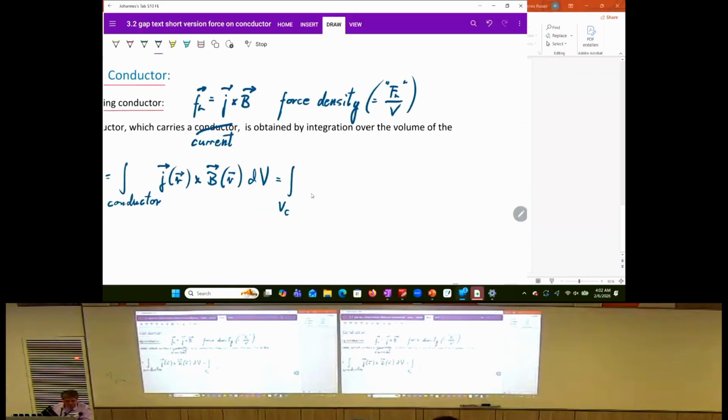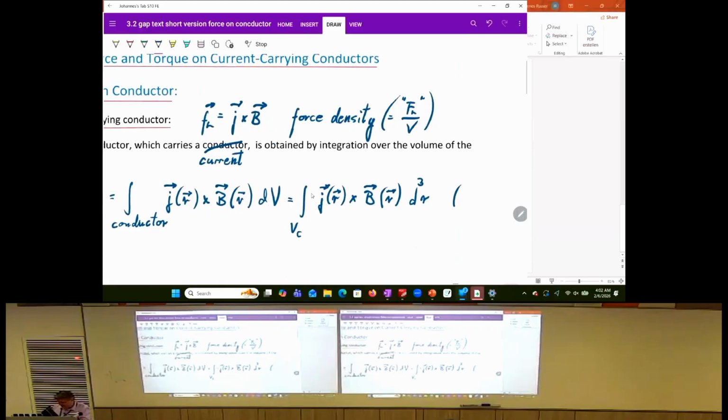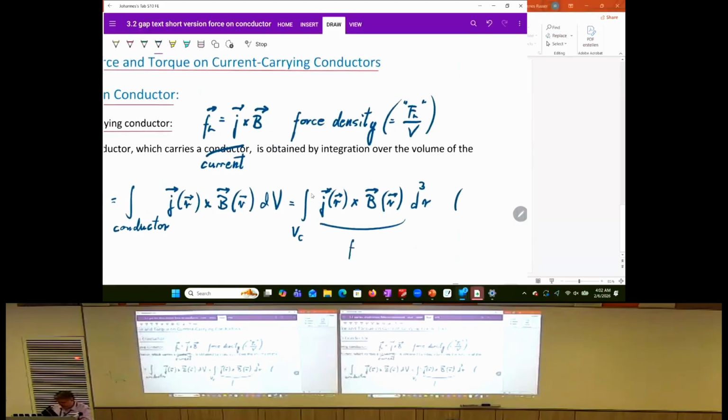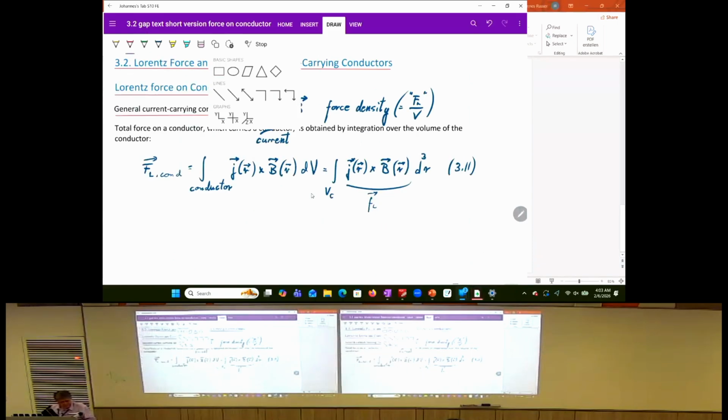When you integrate over the volume, instead of the differential V, an alternative notation is the differential length element to the power of 3. This is your force density. I think this is equation 3.11.